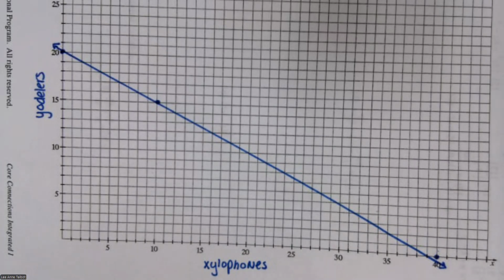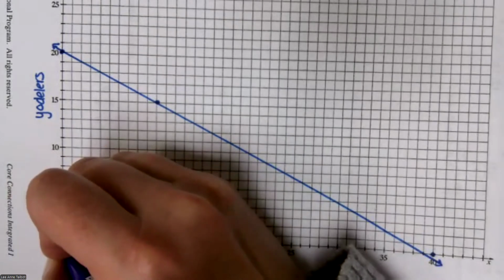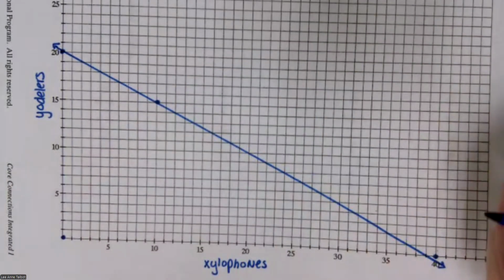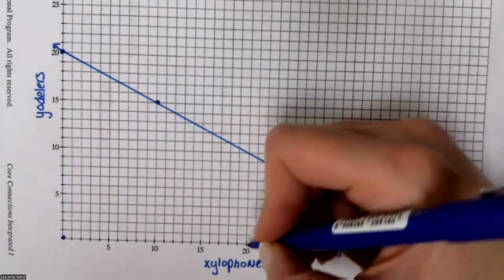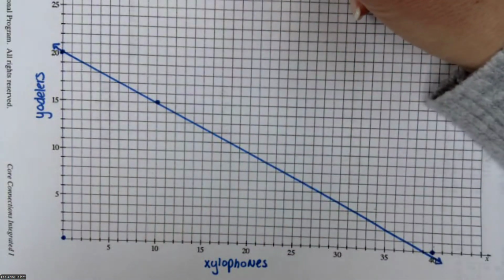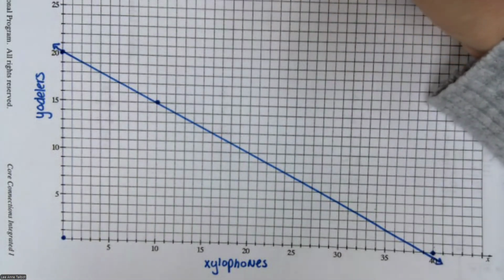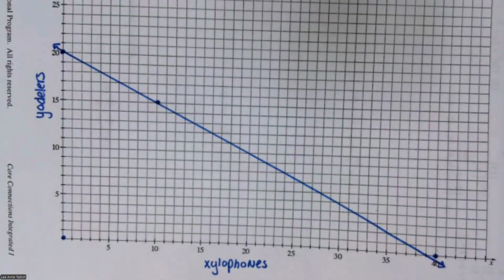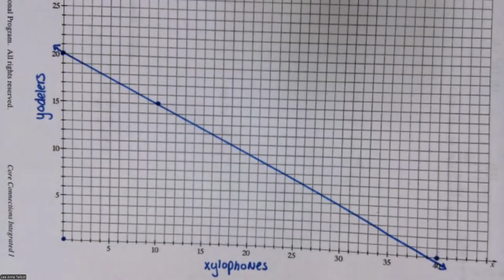My second line has the points 0, 0, 20, 40. That's not on here. Okay. What else can we do?